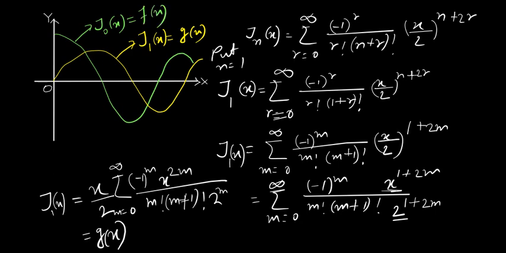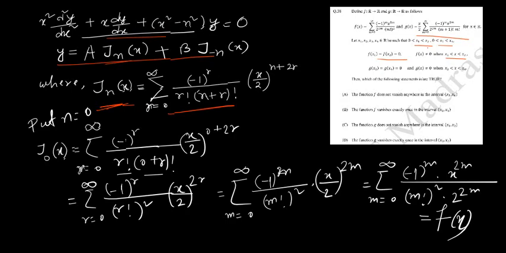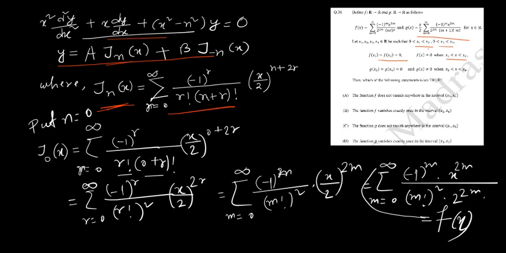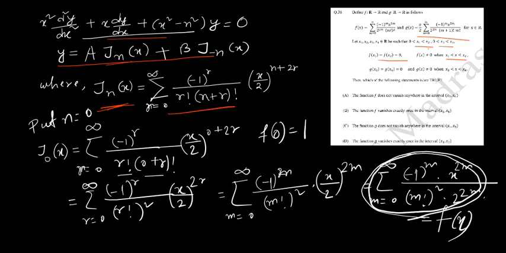If you put x equal to 0 in f(x), the summation gives 1, that means f(0) equals 1.